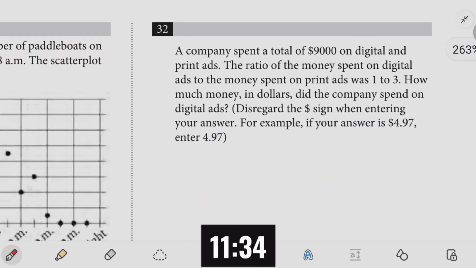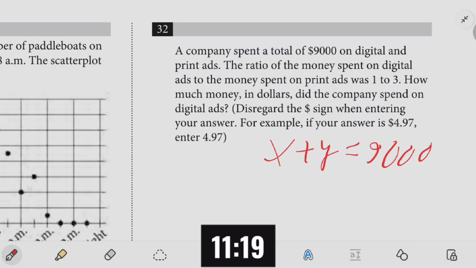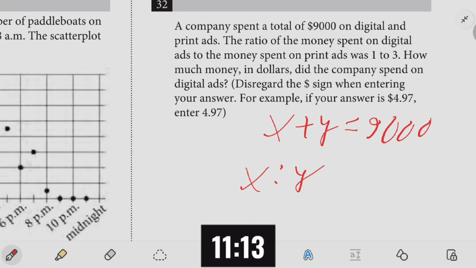Company spent a total on digital and print ads. The ratio of the money spent on digital ads to the money spent on print ads was 1 to 3. How much money in dollars did the company spend on digital ads? Oh, okay, so 9,000. Okay. Digital ads, 2. Print ads, 1, 2, 3.